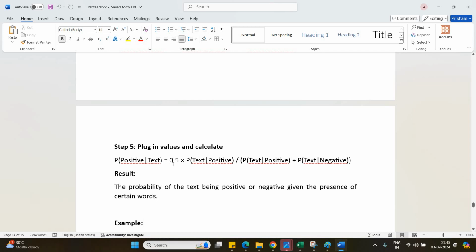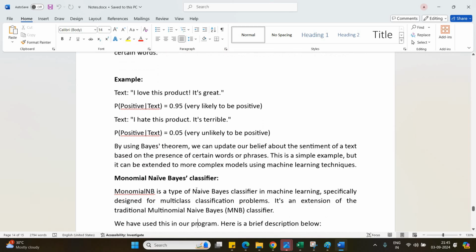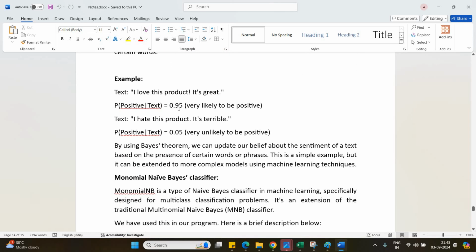You have the formula, you plug in the values, and then you find the probability. For "I love this product, it's great", it comes to 0.95, so very likely to be positive, because the words love and great have been used in a positive sentiment, right? So you got a score of 95%, not 100%, but more than 90%. So very likely it is a positive sentence.